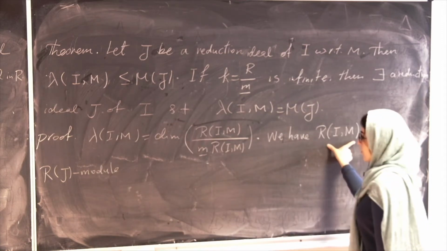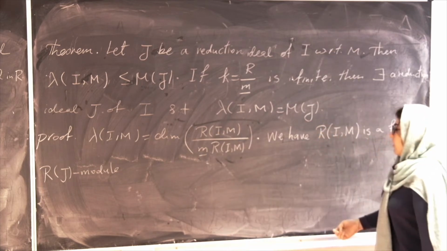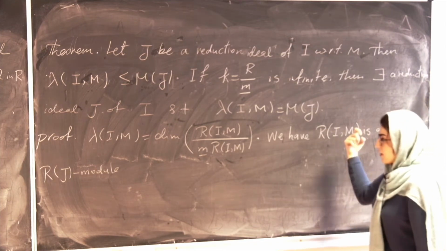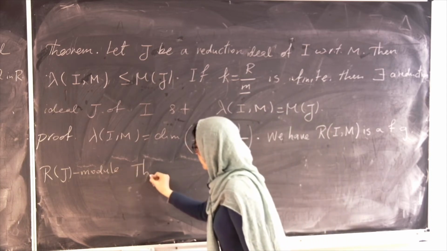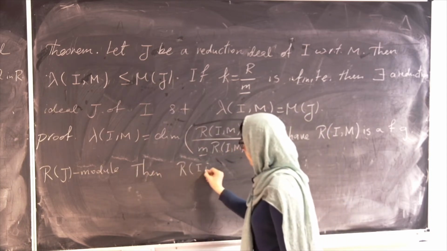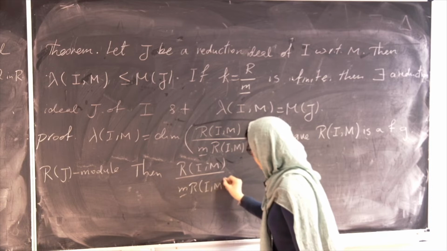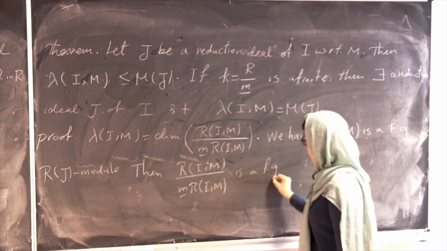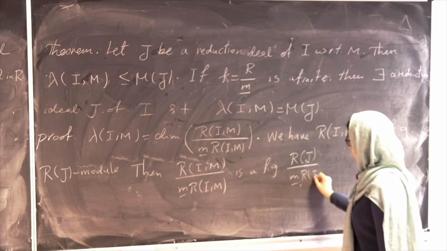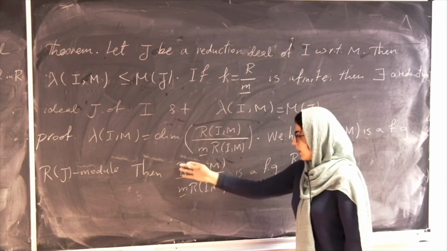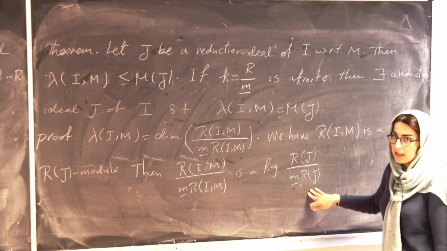So if I mod out by M times RIM to get this quotient module, I can consider this quotient module as an RJ mod M RJ module, of course, because M annihilates this module, and I can consider RJ mod out by some ideal which is contained in the annihilator of the module.